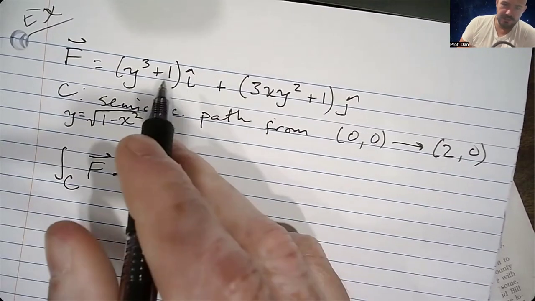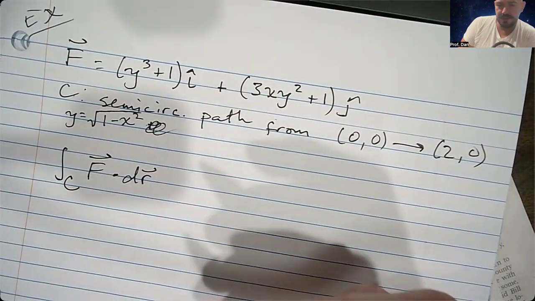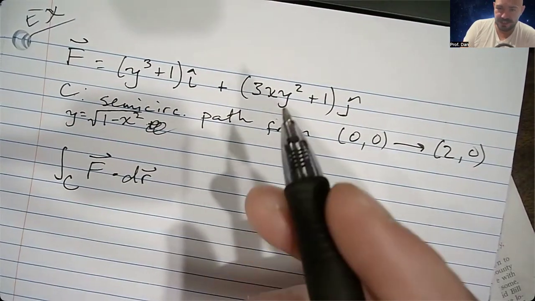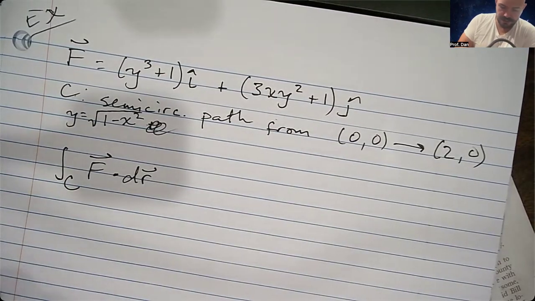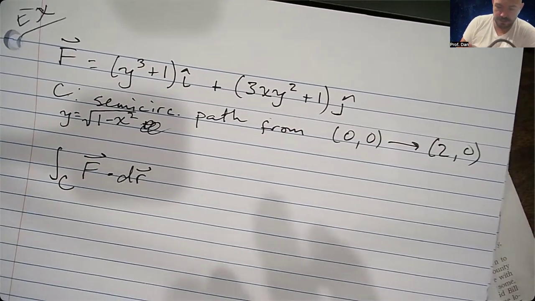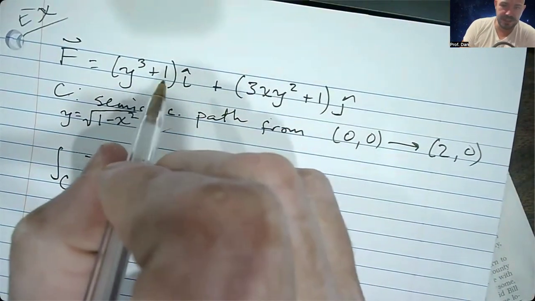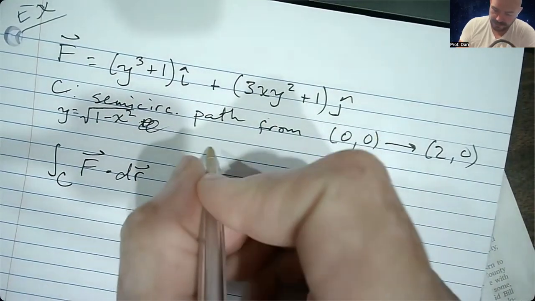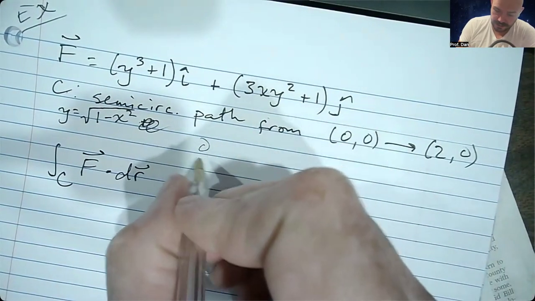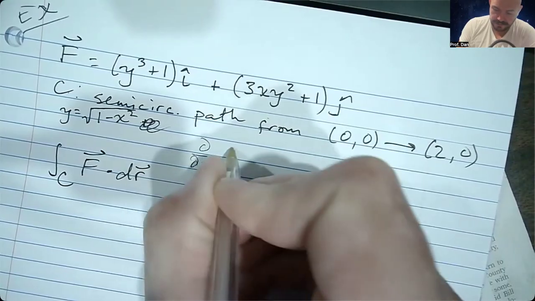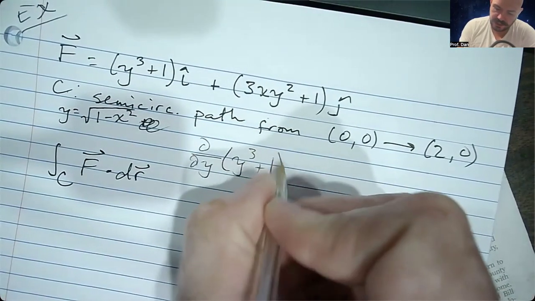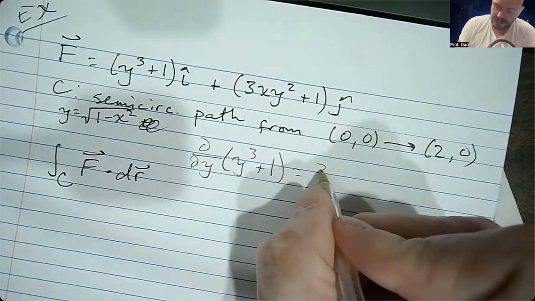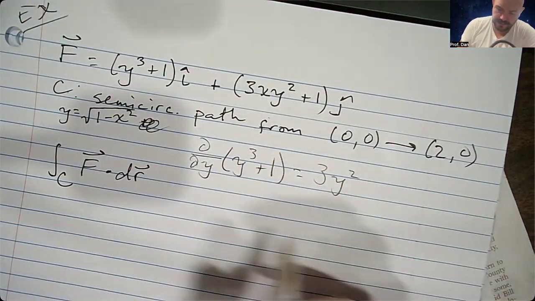All right. So first thing, because this is a function of two variables, it's pretty quick for me to check and see if F is conservative. So start off by checking my mixed second partials. Remember, you differentiate the x component with respect to y. So d dy of y cubed plus 1, I end up getting 3y squared.